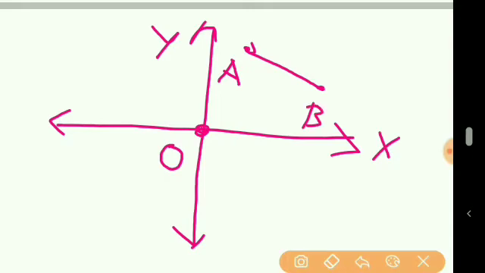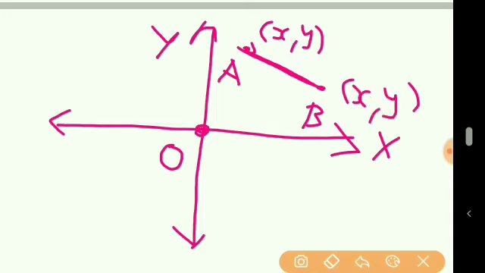its coordinate changes. We know that any point in the xy plane has its x coordinate as well as y coordinate. Similarly, if it reaches point B, this point B also has its x coordinate and its y coordinate. So this xy coordinate system gives the exact position of the object.